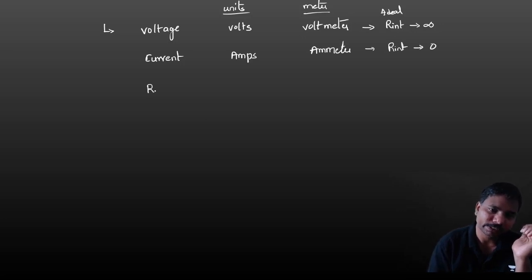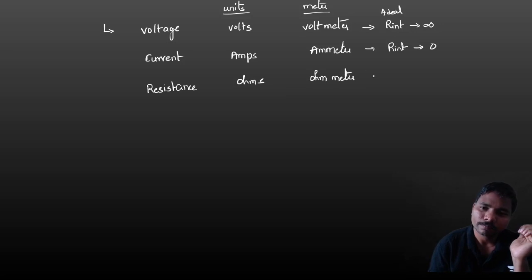And then resistance: the units are ohms, and we have so many meters, like the ohmmeter. These two are important. The megger is generally used to measure high resistance.